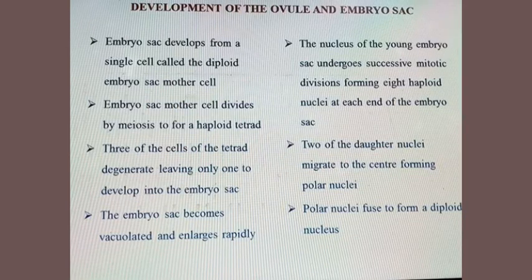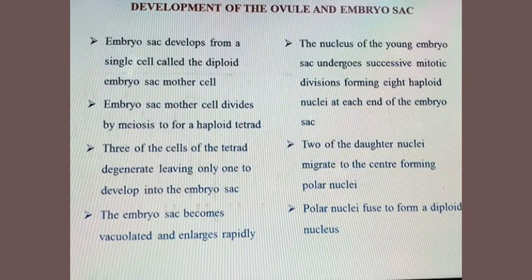When we are requested to just write and describe the process we have previously seen, we discuss that the entire process begins within the ovary, where we have the diploid embryo sac mother cells. These divide by meiosis to form 4 haploid daughter cells. 3 of them degenerate, leaving only 1 to develop into the embryo sac.